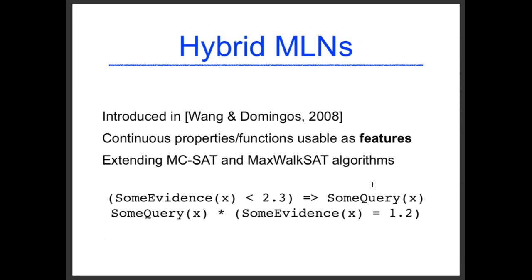So for example, to write something like, if there is some evidence that x is smaller than 2.3, then blah, blah, blah. Or a product between the fact that some evidence is equal to 1.2, then blah, blah, blah. Okay, there are numerical expressions, but there are a couple of papers on that, but I think this direction was abandoned.